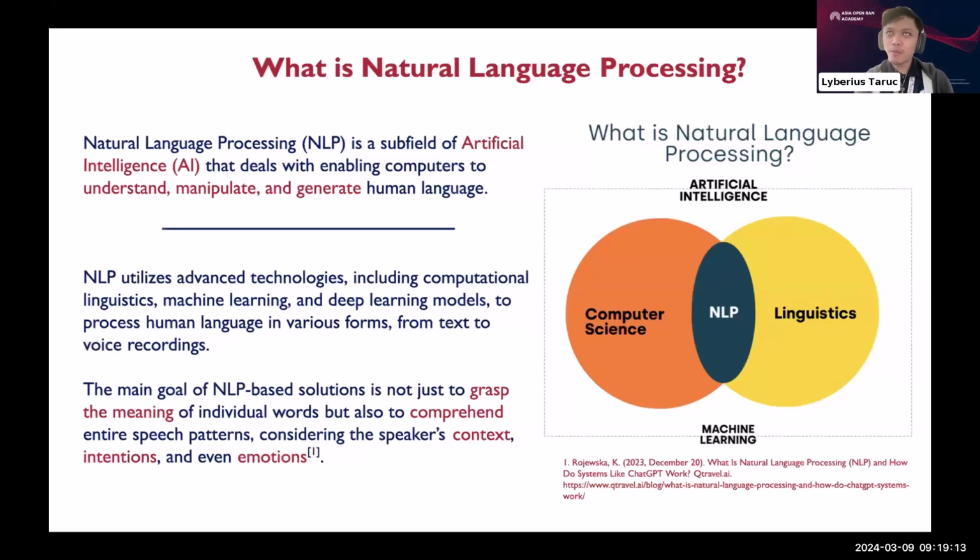Okay. And to be more specific, having already mentioned computational linguistics, you can say that NLP is more of an applied science of computational linguistics. It is a field on its own.